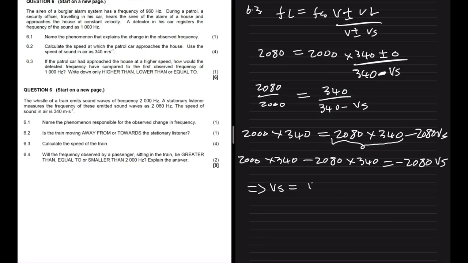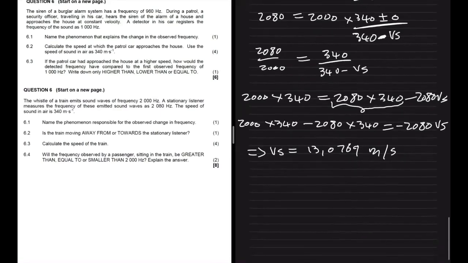That gives me 13.0769 meters per second. I think that's about it. That's the speed of the train.